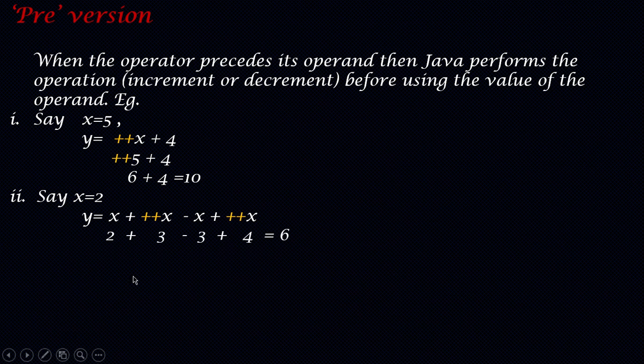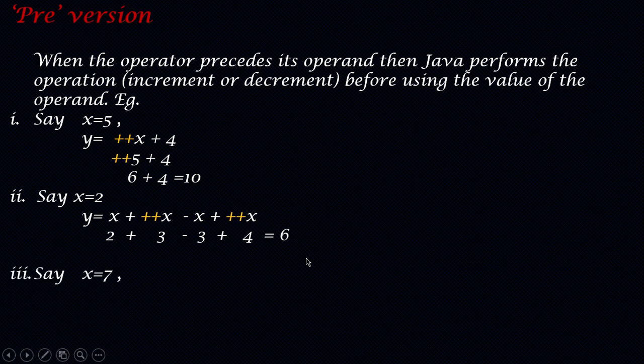Let us see. Initially 2, then pre-increment on 2 means it will be 3. Nothing here, simply the same value is repeated, and here again one pre-increment is happening, so the value is increased to 4 and we are having the result as 6.